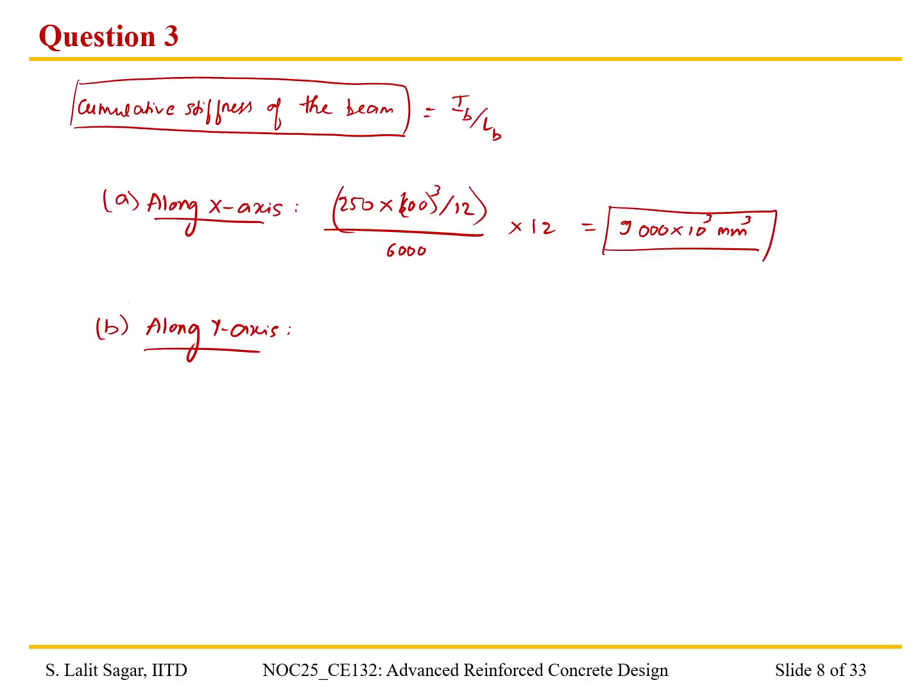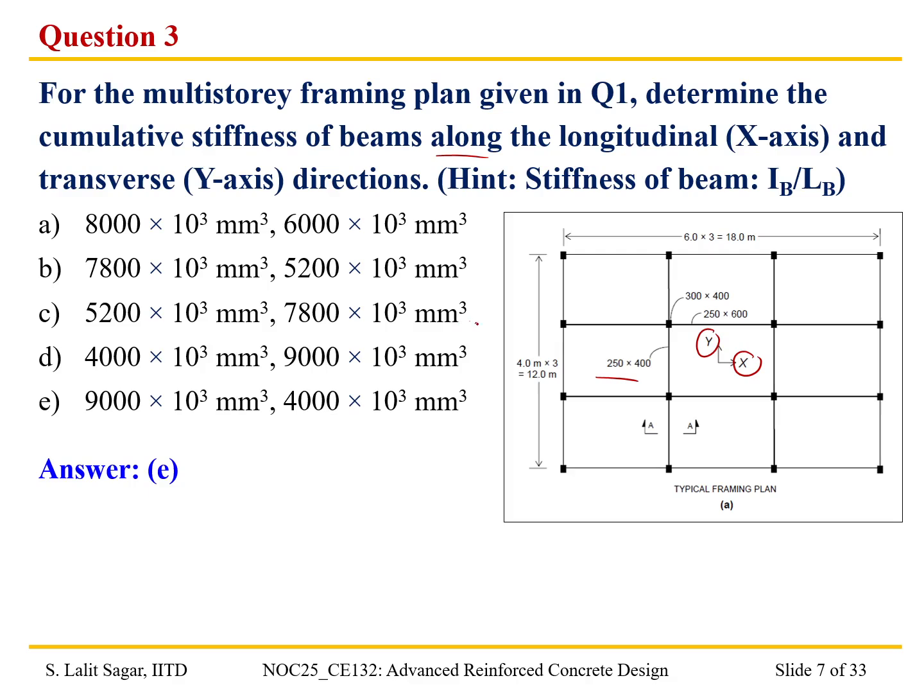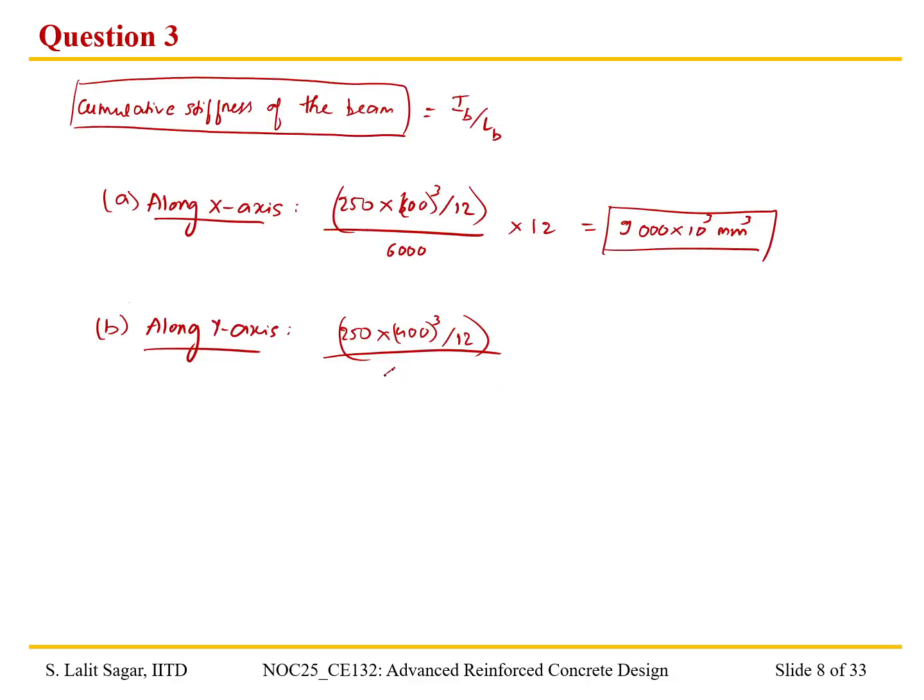Let's plug those values in and determine the cumulative stiffness, that is 250 by 400 cube divided by 12. Here the difference is we need to take into account the center to center span along the y direction, that is 4 meter. Convert it into millimeter, and multiply it by the total number of beams.